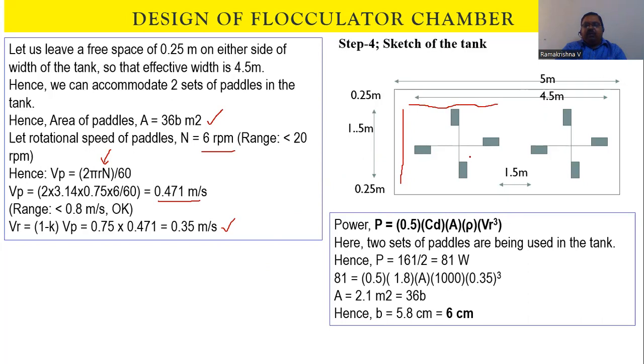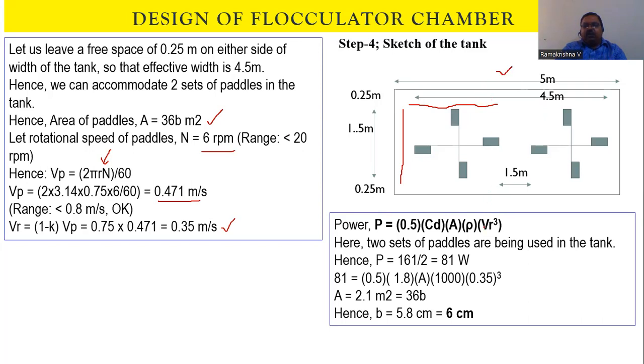The total width of the tank is 5 meters. So if you simply keep only one per single shaft, a lot of space is getting wasted. So for that, I'm trying to keep two single shafts here. So this is 1.5, this is 1.5. So total is 3 meters effective span, but overall span is 5 meters. So how is 2 meters left now?